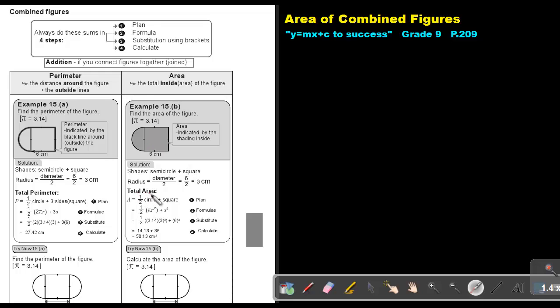So if I'm going to work out the total area, I'm just going to work out half a circle, the area of half a circle, plus the area of a square. That's my plan. Now I substitute the formulas. So what is the formula for the area of a circle? Pi r squared. What is the formula for the area of a square? Side times side.